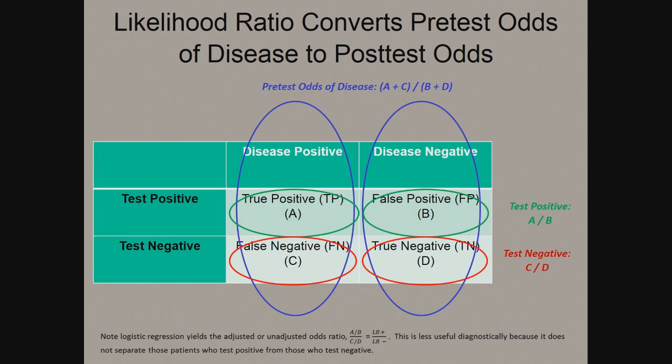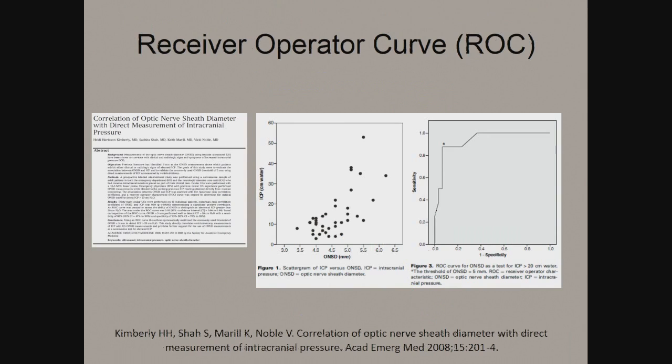The odds ratio in epidemiology compares patients who test positive to patients who test negative. And any given individual patient can only test one or the other, not both. So it's much less useful from the clinical point of view, though it is very useful epidemiologically, that being odds ratio in distinction to likelihood ratio.